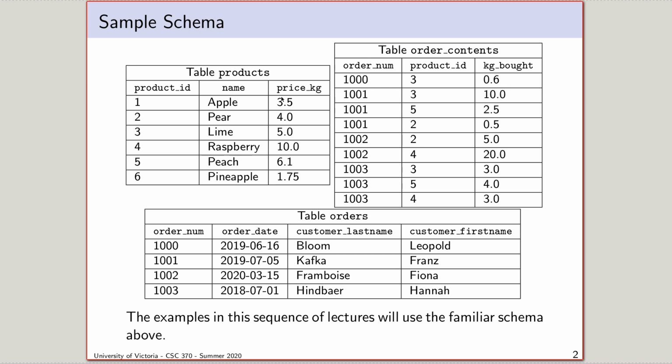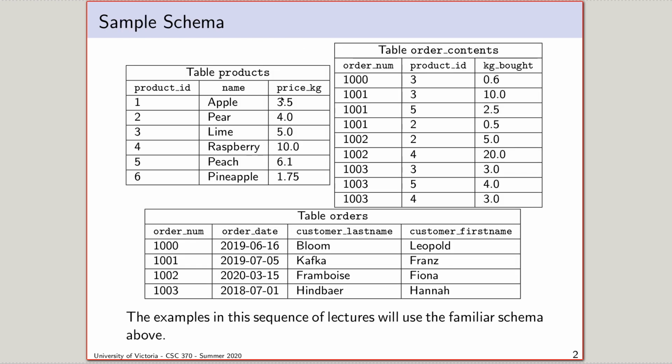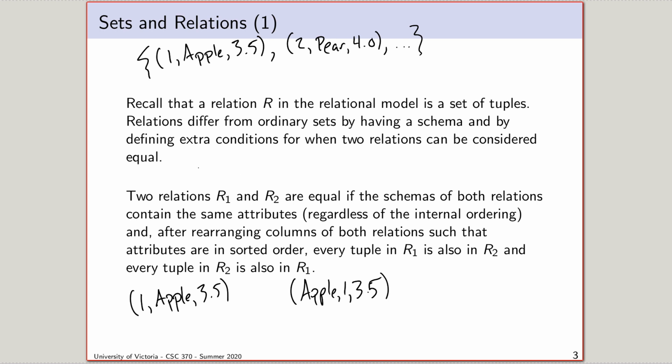And the way that we work around that is when we describe a particular schema, so I apologize for scribbling all over these things. When we describe a particular schema, let's use the products table here, we've been writing it as the schema for relation is the relation's name, so products, and then its attributes in the order we choose to represent them. So ID, name, and price per kilogram.